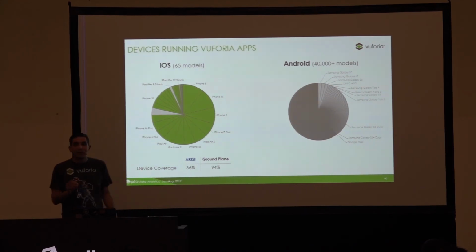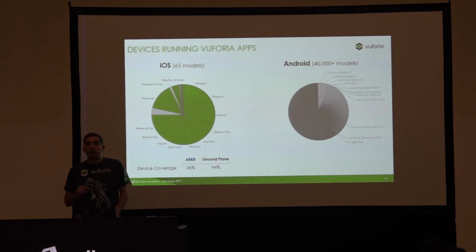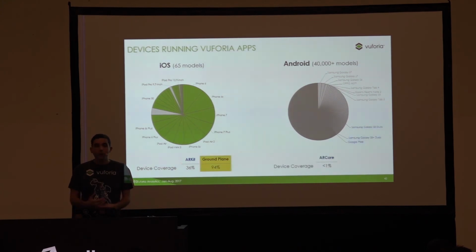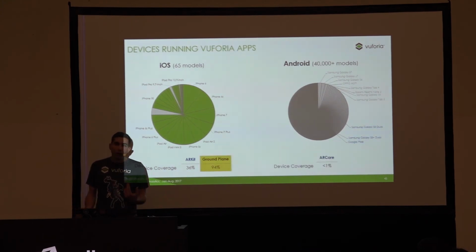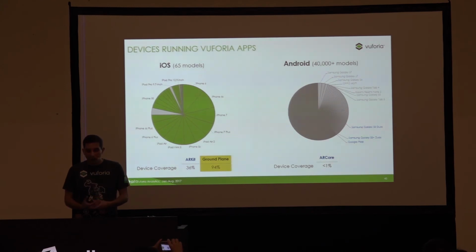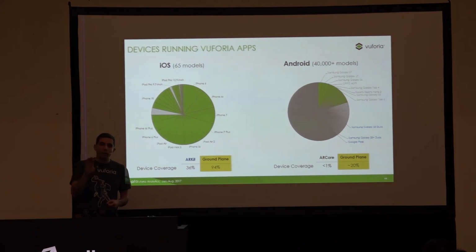There are 40,000 devices worldwide right now running Vuforia, and less than 1% of them support ARCore. I can literally name them off on one hand. With Vuforia Fusion, we're aiming at getting 20 to 30% of all devices by the time Vuforia 7 rolls around. These are not only devices that are popular in North America or Europe. We're looking at the most popular devices worldwide and trying to figure out what the greatest coverage is for that.